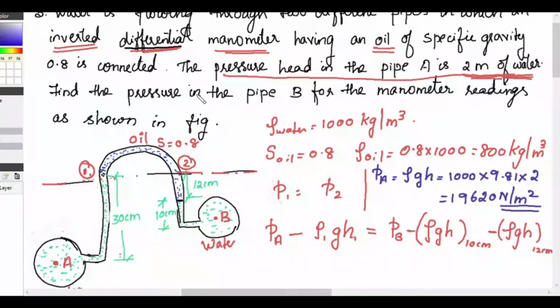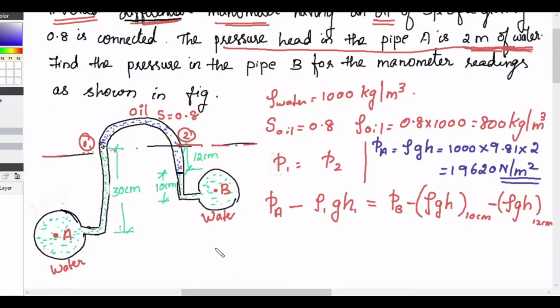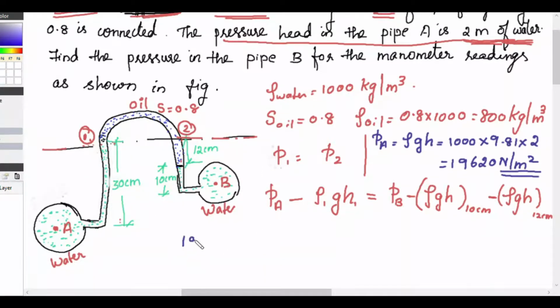Now we need to find the pressure in the pipe B, that is PB. So PA is equal to 19620 minus rho 1 G H1.